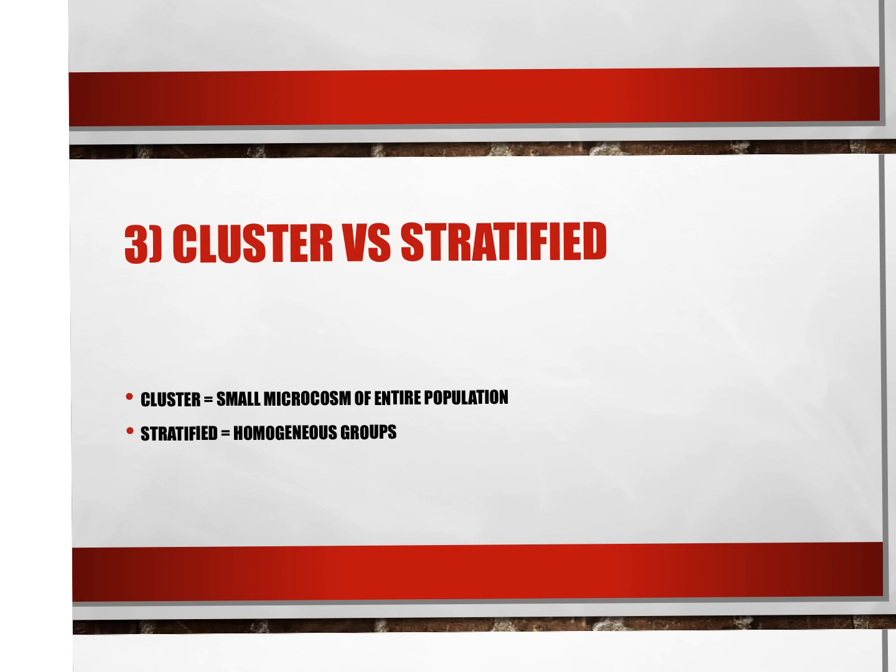But I would bet that 5th period lunch has a pretty good mix of freshmen, sophomores, juniors, seniors, guys and girls, athletes, band, theater, people who are all interested in all different kinds of things, AP students, non-AP students. I bet that my 5th period lunch, using that as a cluster, would be somewhat representative of the entire population, versus picking a stratified sample.